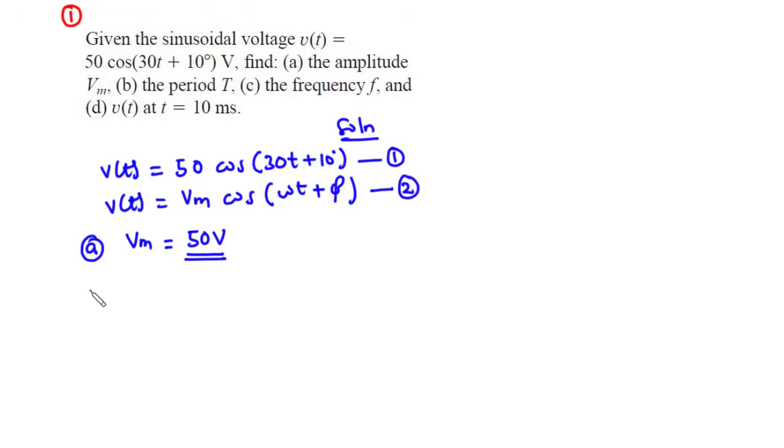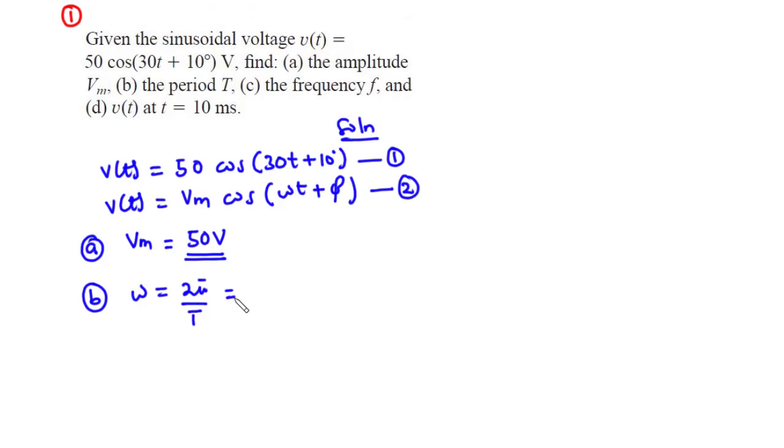Now to B. So for B, we are asked to find the period of the signal. Now we know that the angular frequency omega is equal to 2 pi over t, where t is the period of the signal. Now considering these two equations, you realize that omega is equal to 30.